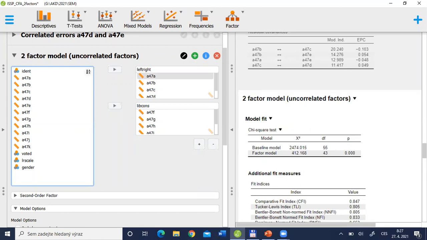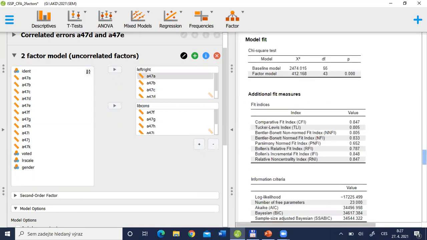Now currently it is on my computer, so there is no necessity for you to read out, so I would read out for you. So we can compare our results. On my computer I can see that CFI is 0.85, TLI is 0.805.